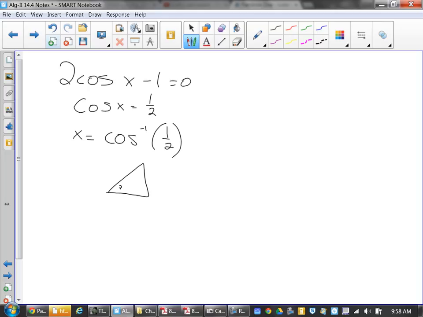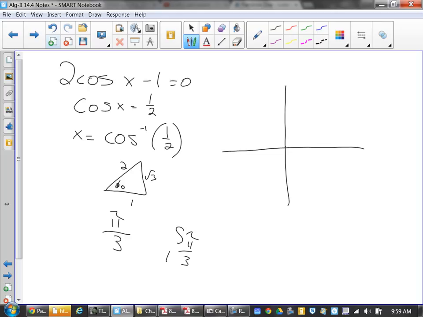It was 60 degrees, so it was pi over 3. Well, we took this before, but it was sine. I wasn't sure if it was sine or cosine. So it was at pi over 3, and then the other one would be at 5 pi over 3. Now, just to show you placement, pi over 3, 5 pi over 3.